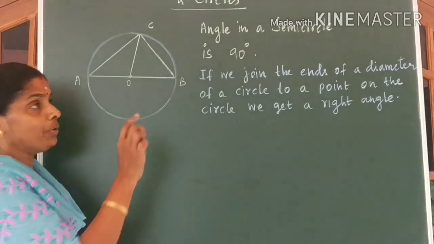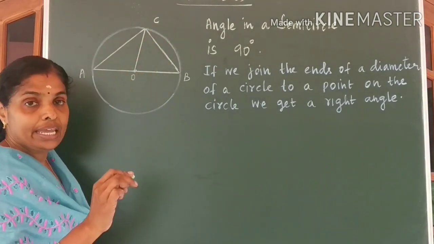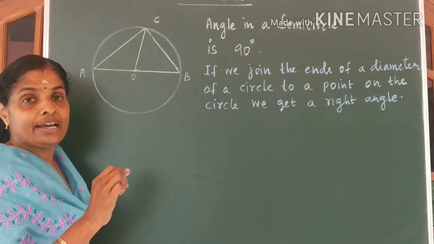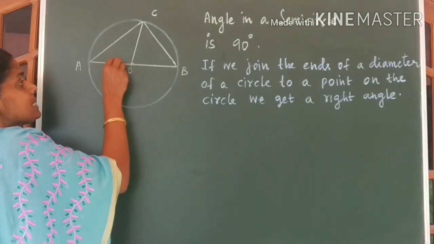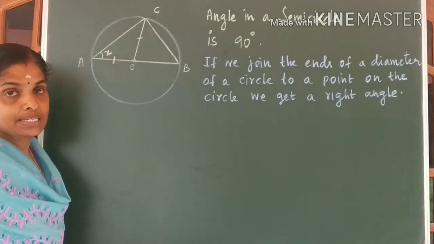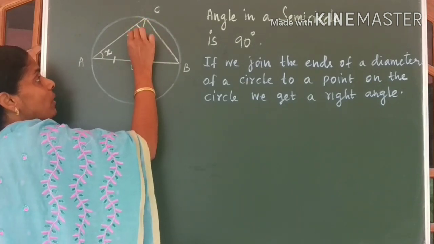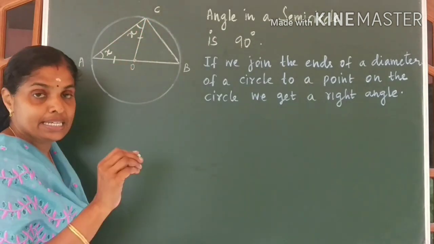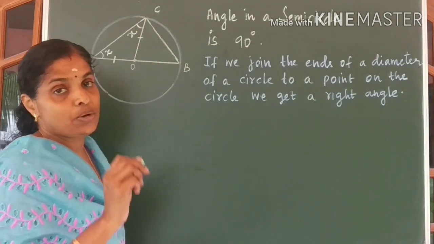Now, you know OA and OC are equal because they are the radii of the same circle. Let us consider this angle to be equal to x. Then what will you get? This angle will also be equal to x, because triangle AOC is isosceles.